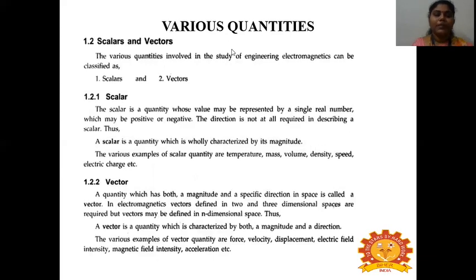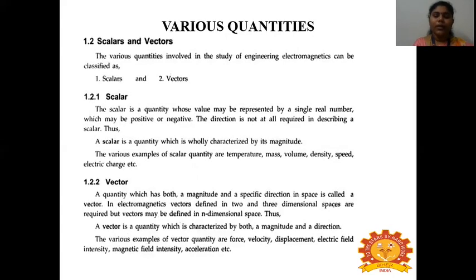Next are the various quantities which we use in electromagnetics. They are scalar and vector. What do you mean by scalar? A scalar is a quantity whose value may be represented by a single real number. That real number can be either positive or negative.